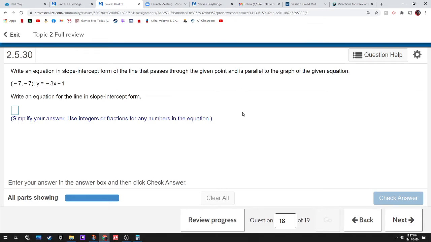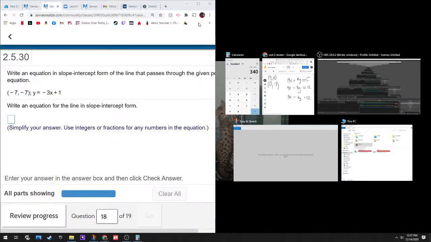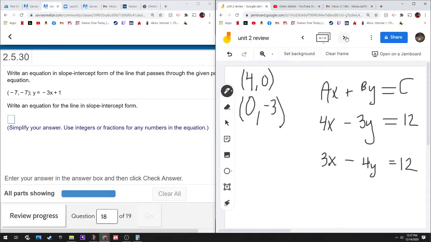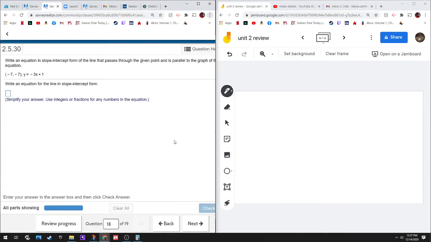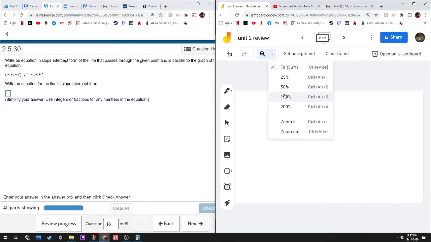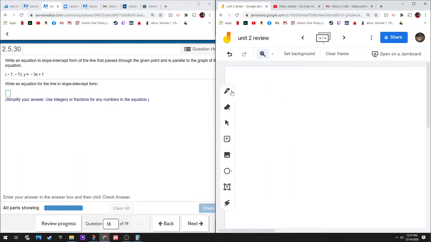All right, and the last thing we're looking at is parallel and perpendicular. Slope-intercept form was our y equals mx plus b.